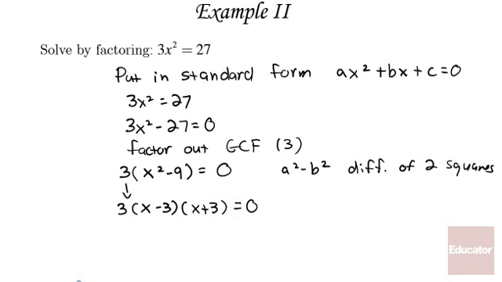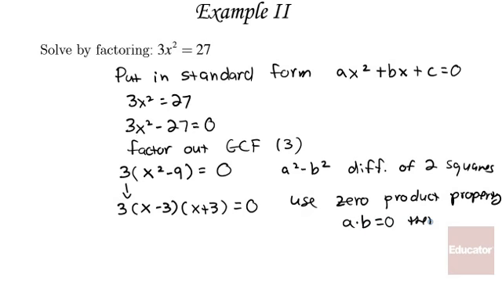So now I'm going to use the zero product property, or zero product rule, to find my solutions. And the zero product rule says if a times b equals 0, then a equals 0 or b equals 0. Or they both have to be 0. Okay, so first I'm going to have 3 times x minus 3 equals 0.